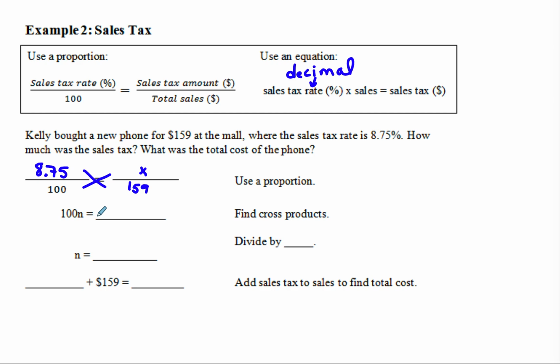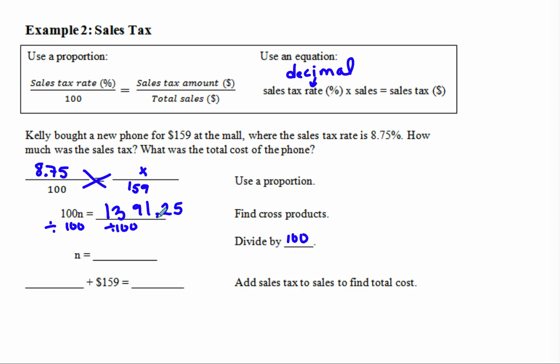And then when I do 8.75 times 159, then I get 1,391 and 25/100. So those were my cross products. Now I have to divide both sides by 100 to get my variable by itself.